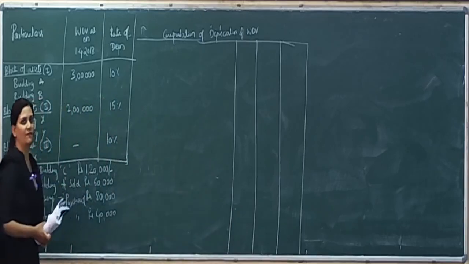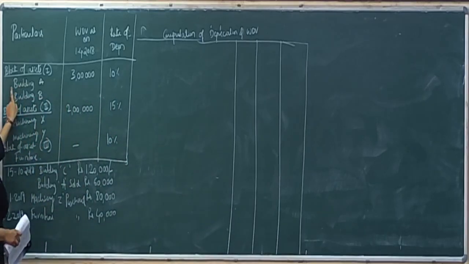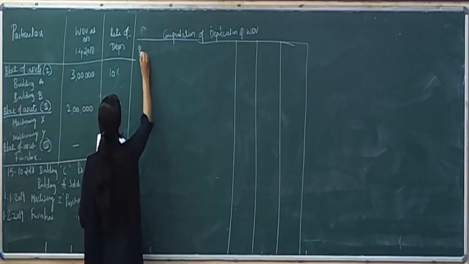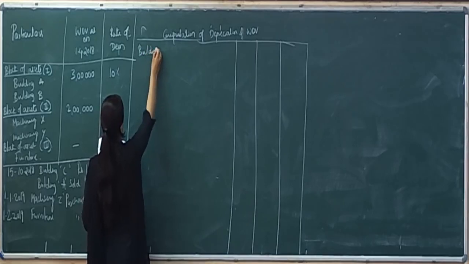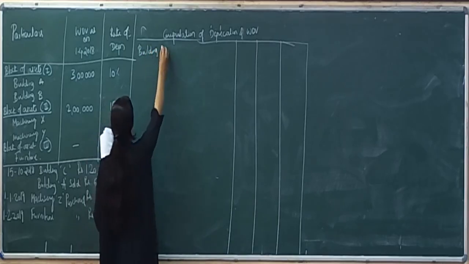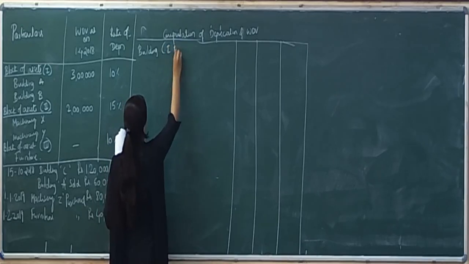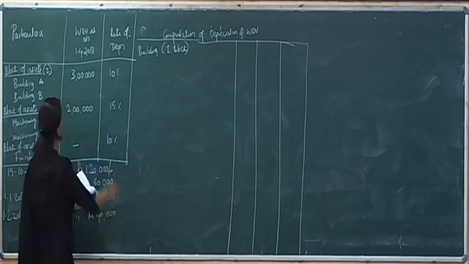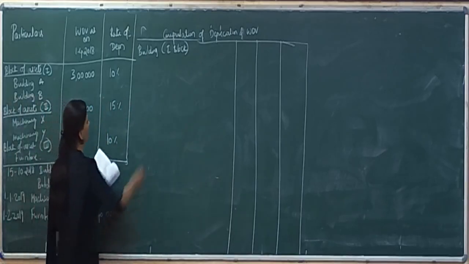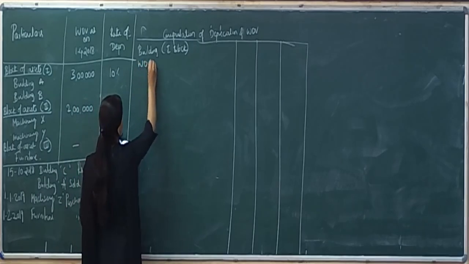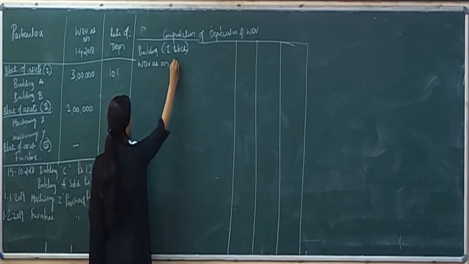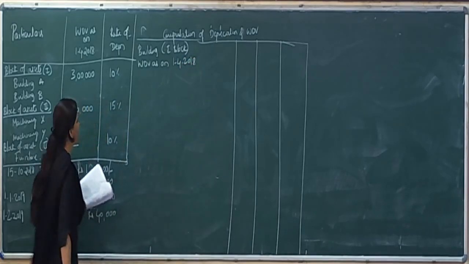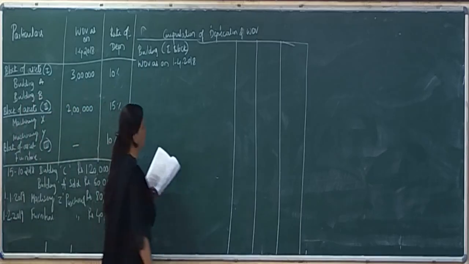First we take up the first block of asset, that is building. So we will write it down, building. The written down value as on 1st April 2018 is 3 lakhs.